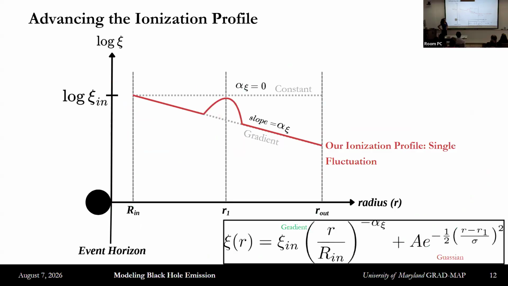Currently, I've created an ionization profile within RELXILL using the C++ language. The profile has a fluctuation centered at a chosen radius, and the formula shown here is the ionization gradient plus the Gaussian function, which creates one hump of a chosen amplitude.